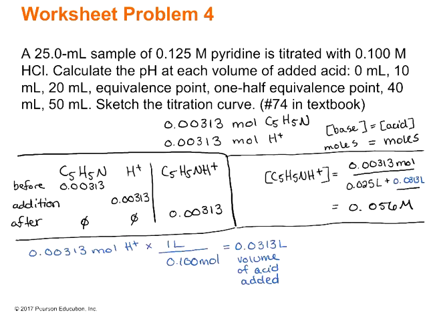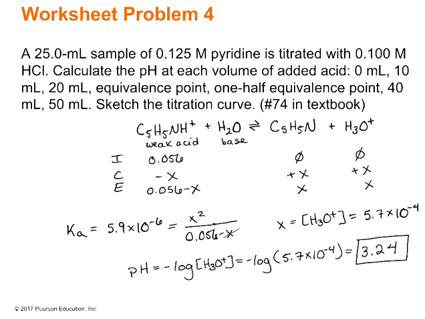So we already knew that we had 0.00313 moles of weak base present, so that means we had an equivalent amount of hydrogen ions. But again, during this reaction, we produced some weak conjugate acid. So the pH was not neutral in this case, and we had to determine, okay, how much weak acid do we have, and then if it reacts with water, how much of the hydronium ions do we have?